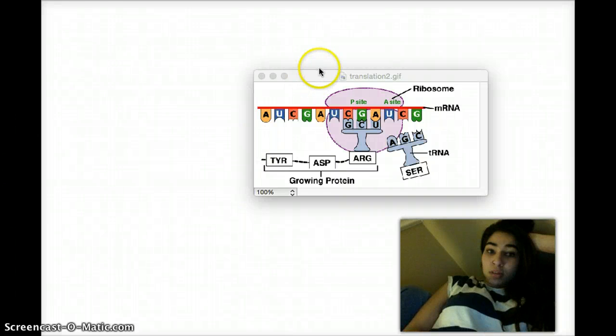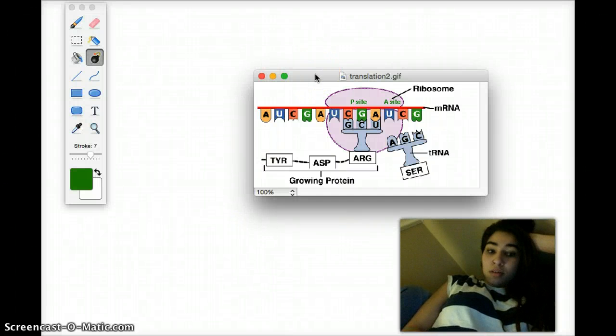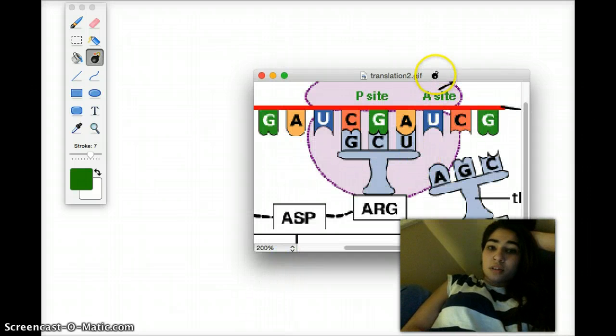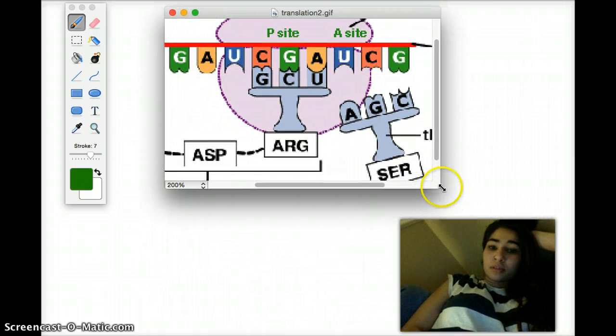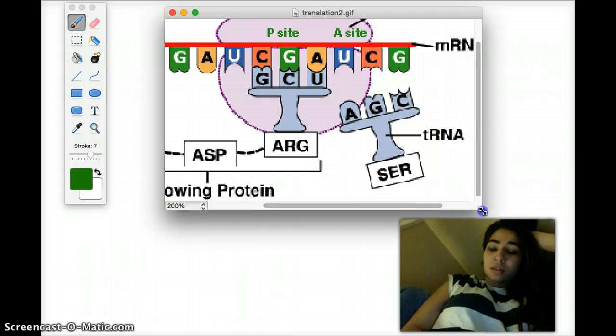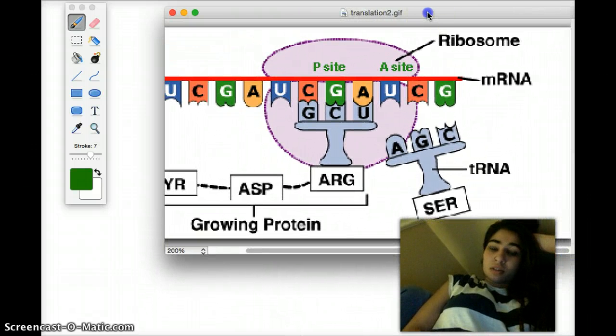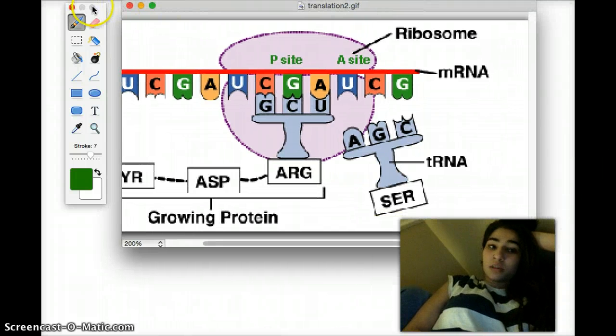Okay, so this is the screencast on the second part of protein synthesis, the actual synthesization, if that's a word, of the proteins. So basically what happens is, as we talked about in the last video, your mRNA, the messenger RNA that was transcribed from the DNA, has entered the cytoplasm and exited the nucleus.